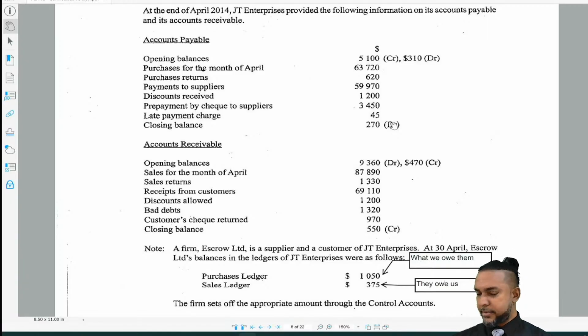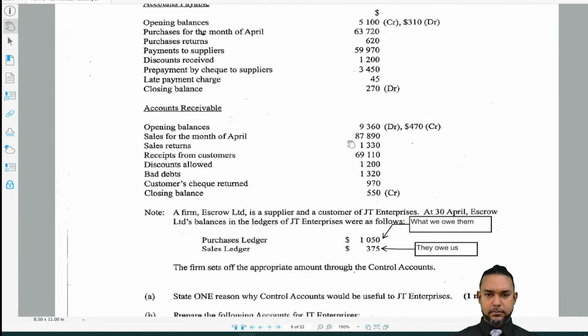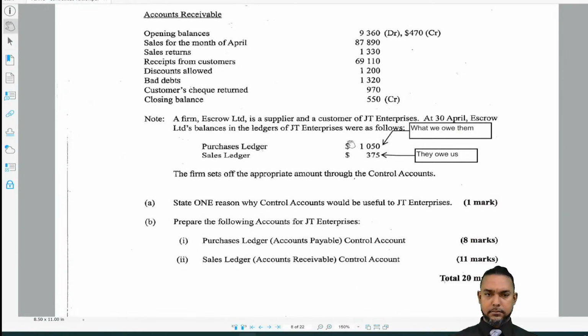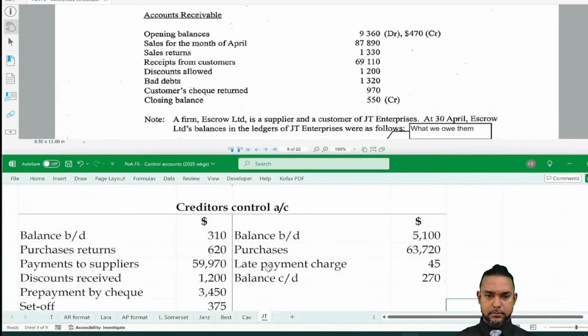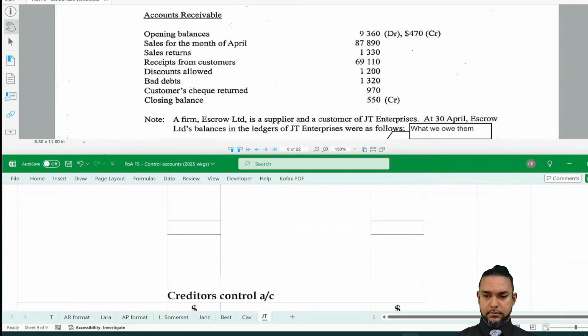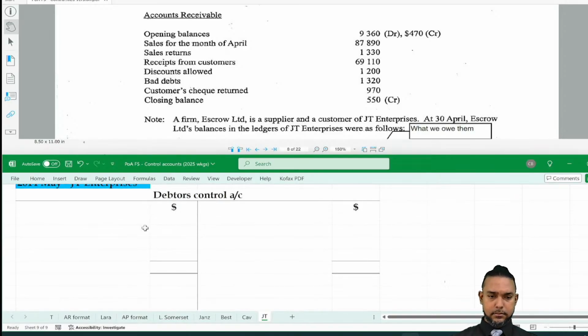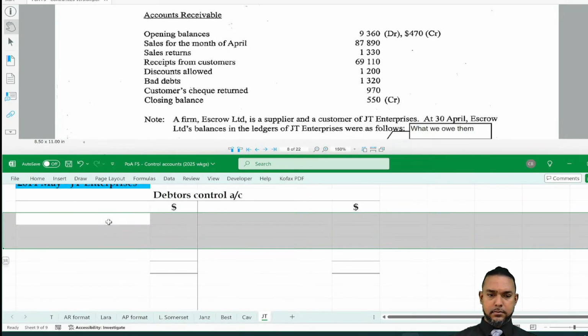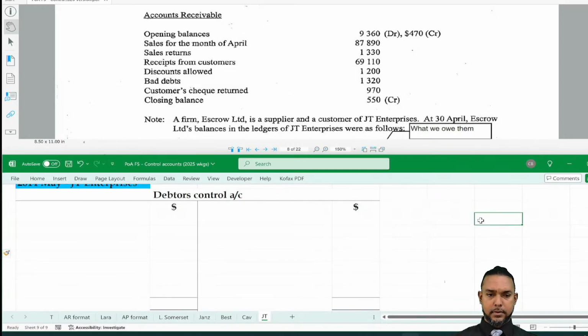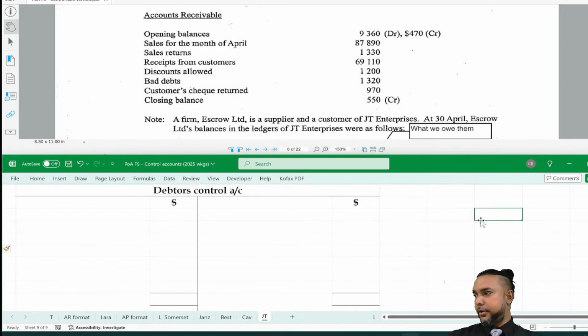Cool. So let me organize business. Okay, so let's start here. Balances, right?